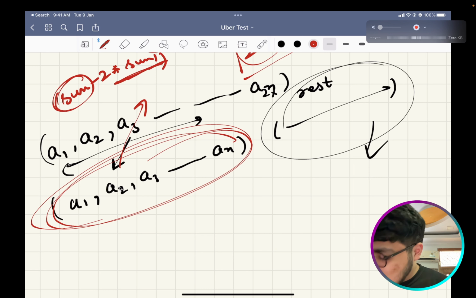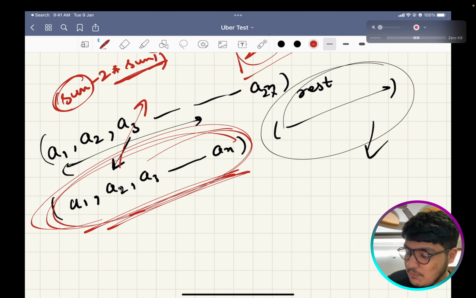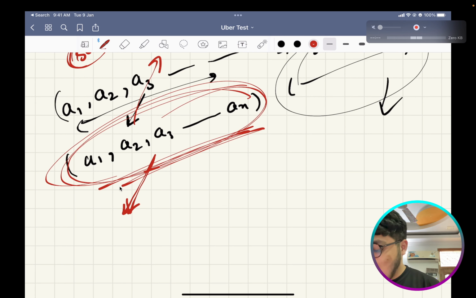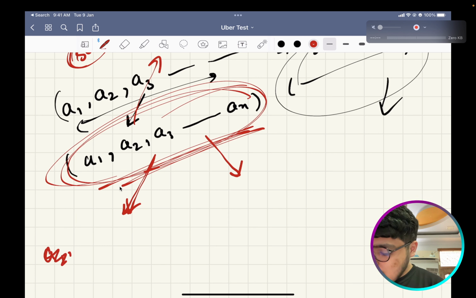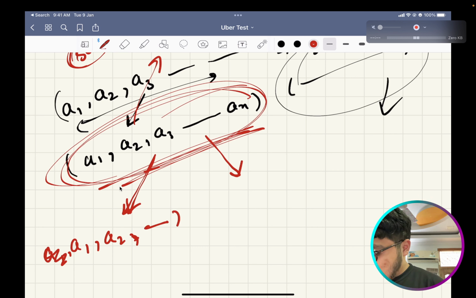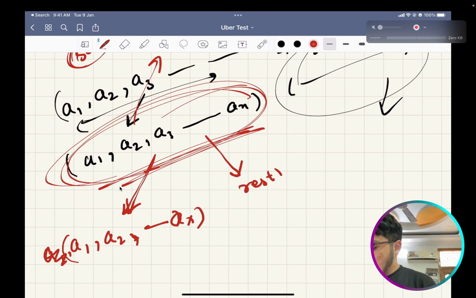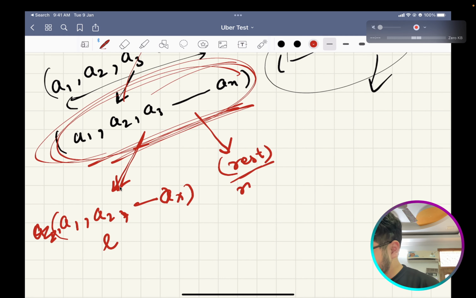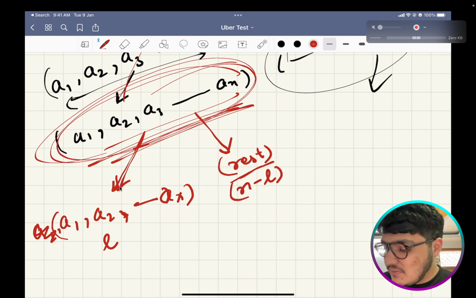I just need this sum 1 to be minimized, since I know the total sum. So I am again going to divide this array into two parts. Let's say one part is ax and the rest are here, and let's say its size is L. The other size would be n minus L, because these are n elements.